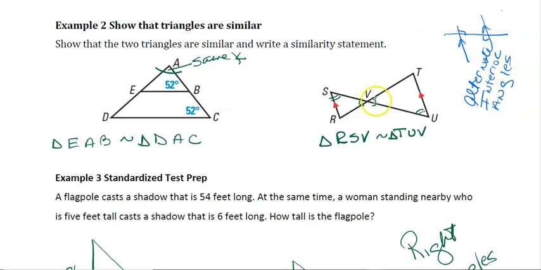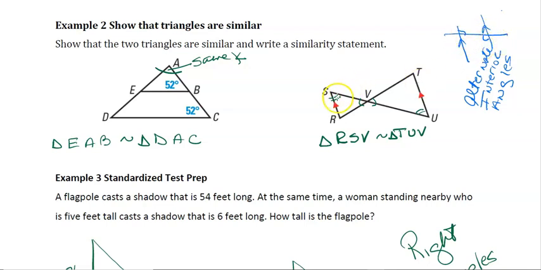So here I've marked the vertical angles equal, and now I have a parallel line here and a parallel line here. This is acting as a transversal. So over here I drew from chapter, I think it was chapter 3, we had parallel lines and alternate interior angles equal.